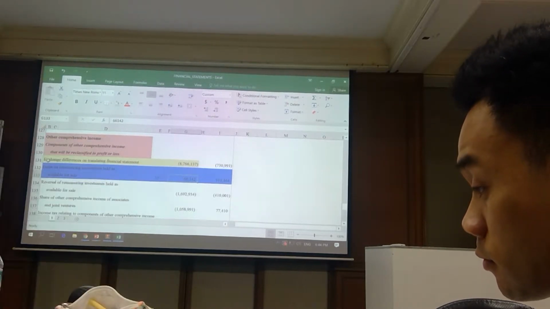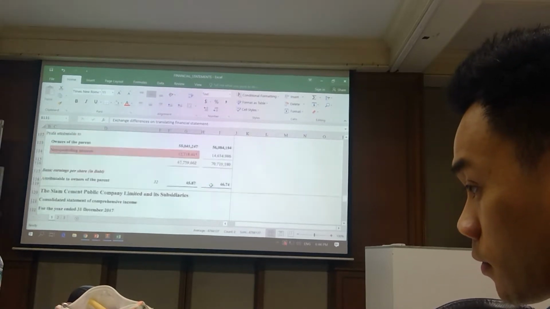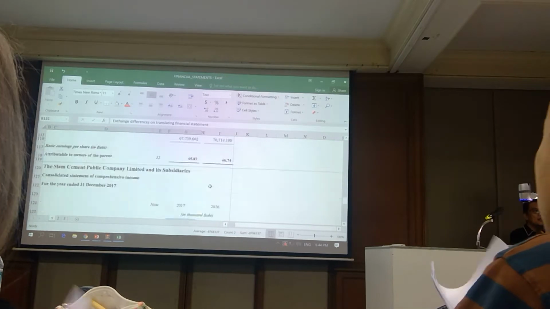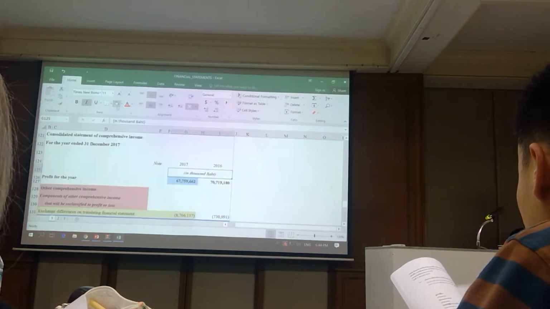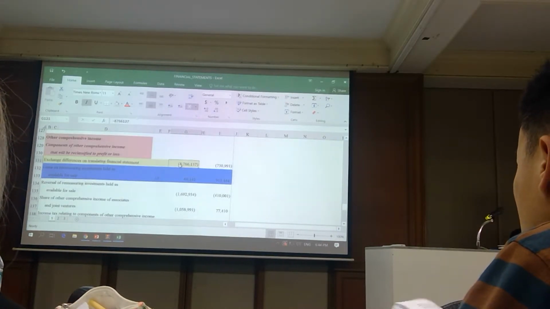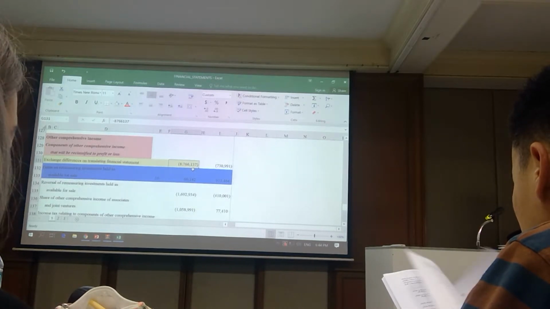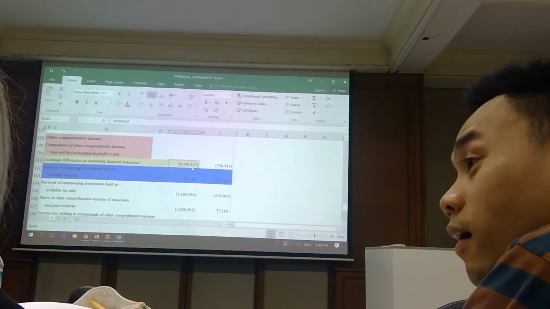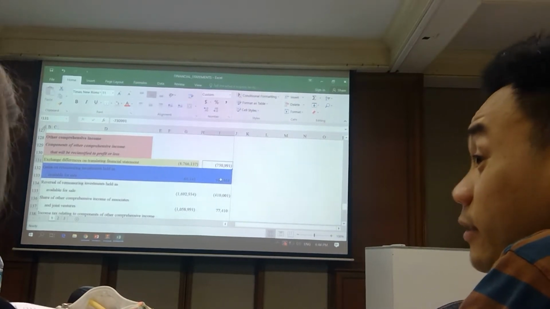But what happened from exchange rate? Actually, if you take a look, the unit is in 1,000 baht. So what happened? Not 8 million. 8,000 million loss compared to last year.